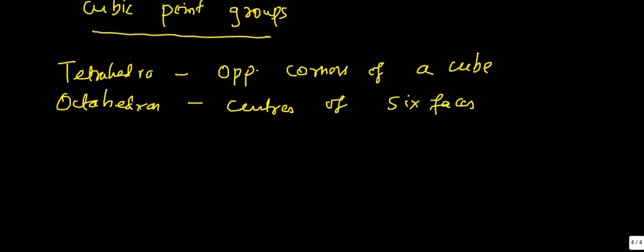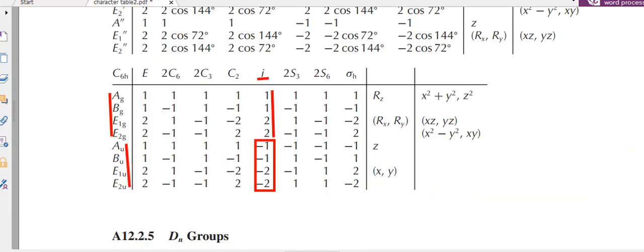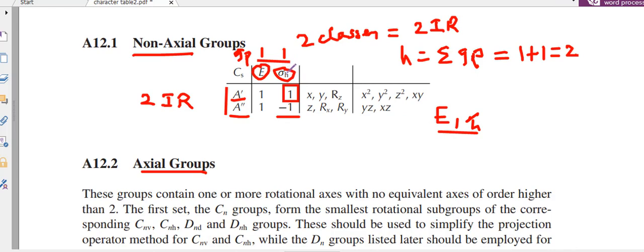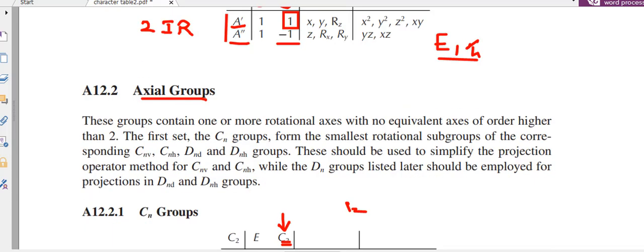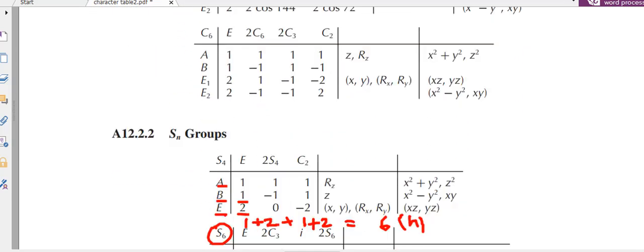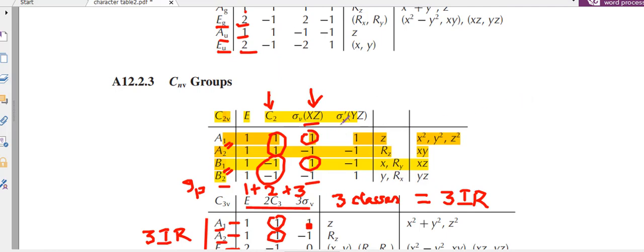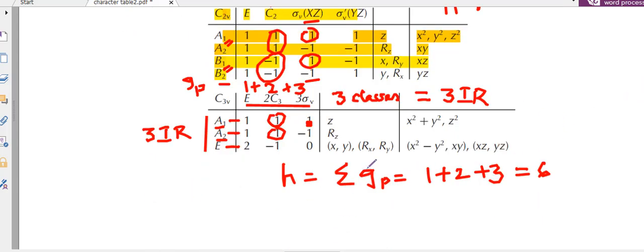Next we come to an aspect which is very simple. Here you find only 2 symmetry elements, h is 2, whereas for C2v you find h equal to 4, the number of operations is 4. For C3v, you get the number of operations as 6.